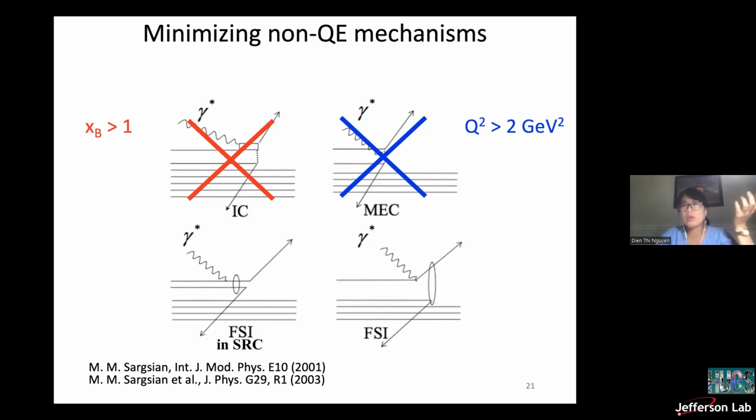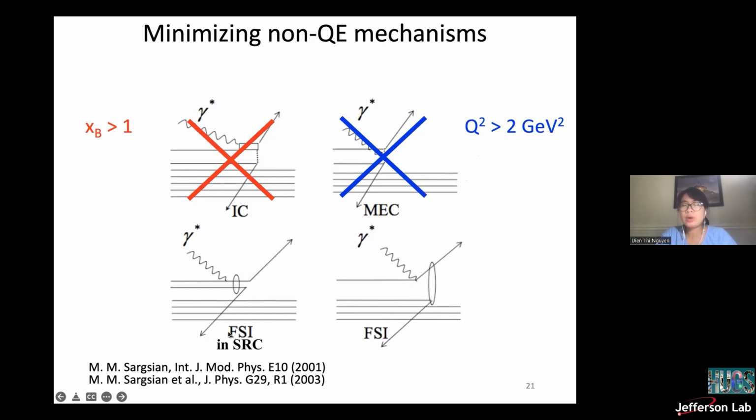Based on their calculation, we are able to see that if we select a specific kinematic region, for example where x_B is bigger than 1, then the isobar configuration will be suppressed a lot. Or if we want to suppress the meson exchange, we need to go to really high Q squared, so this contribution will be suppressed.